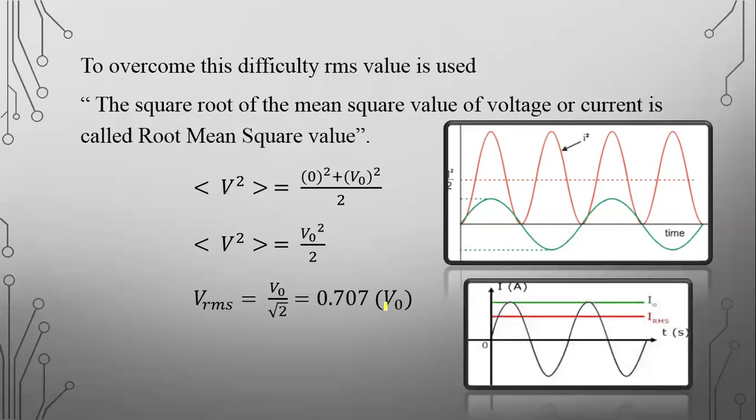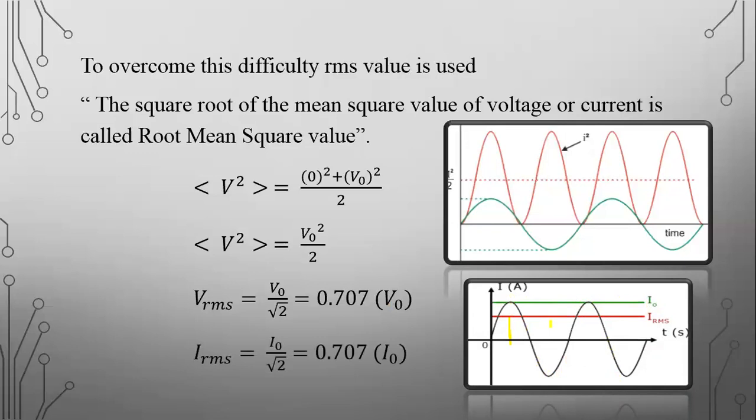Similarly, यहां जैसे आप इस डायग्राम में देखें कि दिस इज एन output waveform of an alternating quantity, and in this green line this is the peak value of voltage, but this red line is representing the RMS value. So this is the RMS value, and this RMS value is the 70% of the peak value of alternating quantity.